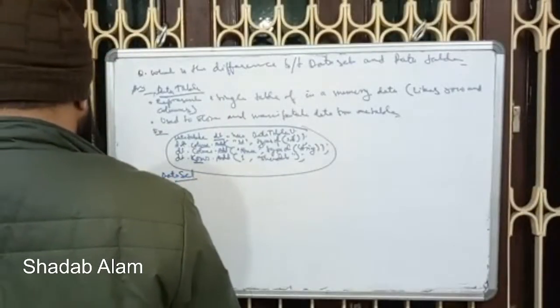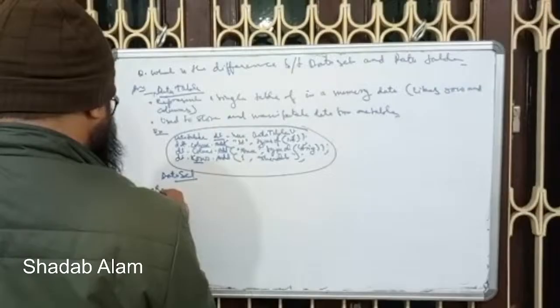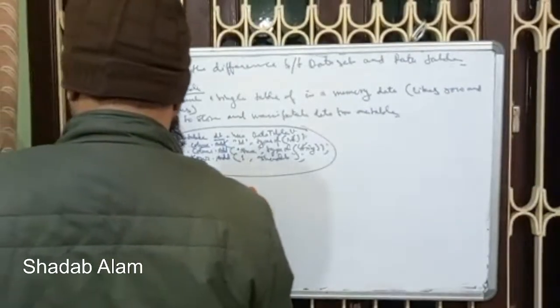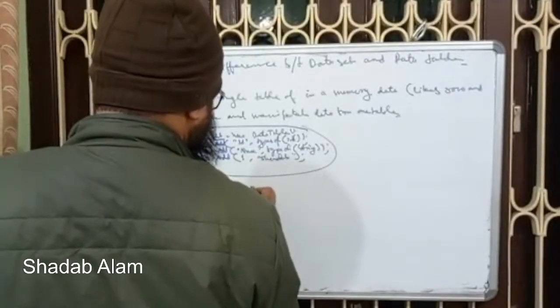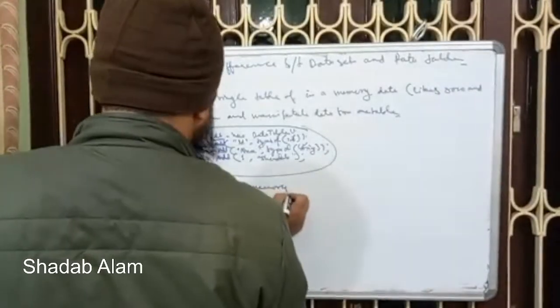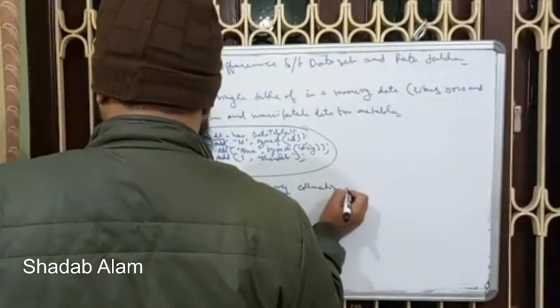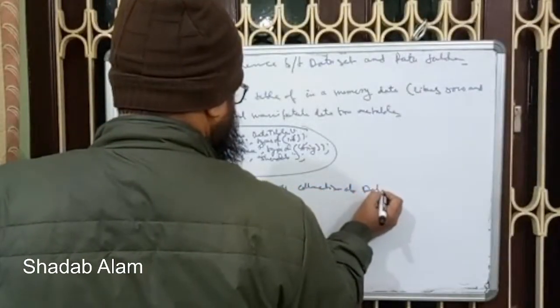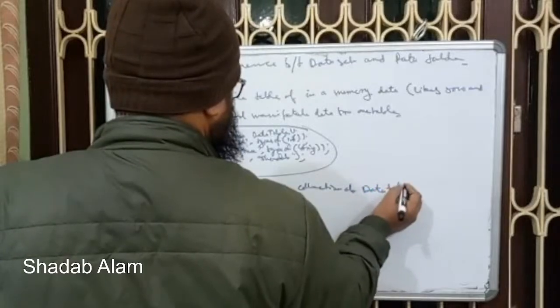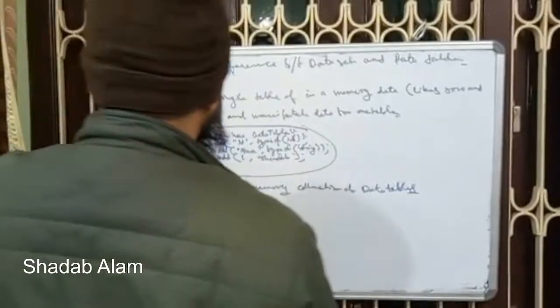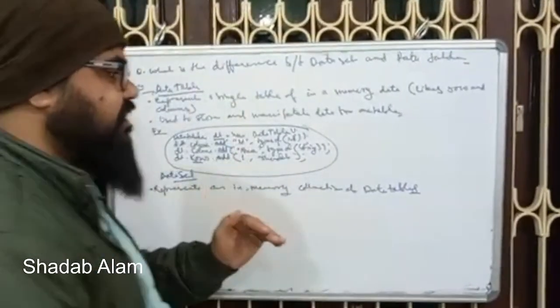What is the data set? A data set represents an in-memory collection of data tables. In the data set, many data tables are present.